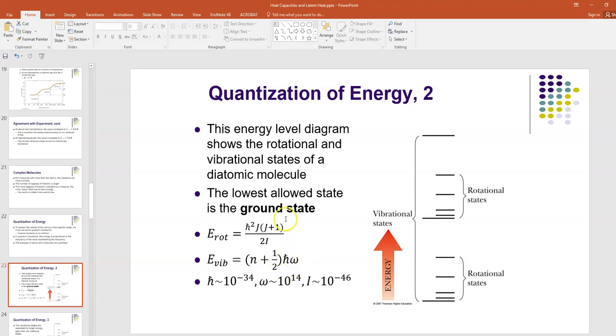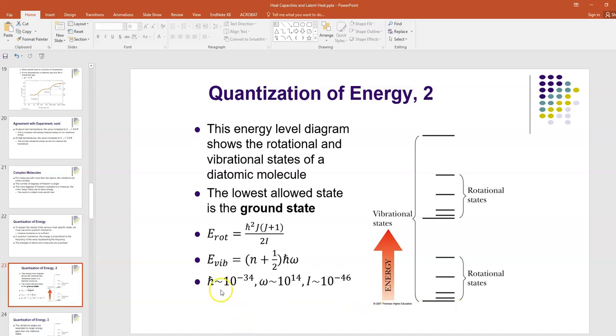So you have these equations from quantum mechanics that govern it. Now, if you were to draw out the energy level structure, this is kind of what it looks like. As energy goes up, you get rotational states that are pretty closely grouped together, and then the vibrational states are actually separated by quite a bit.